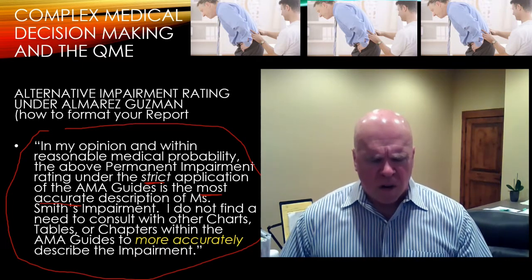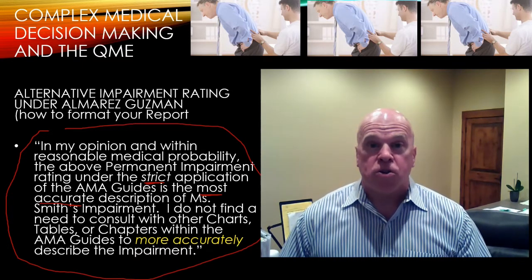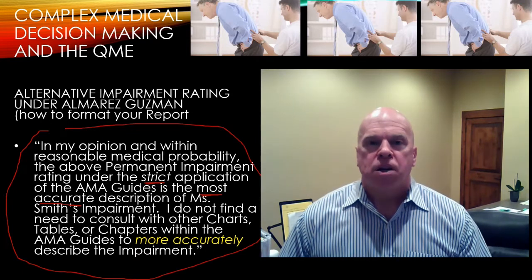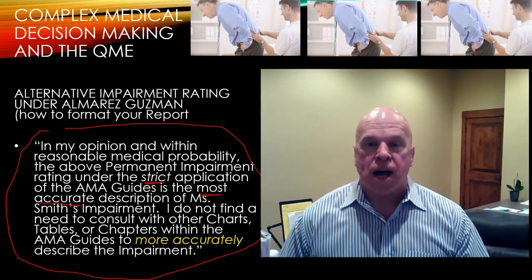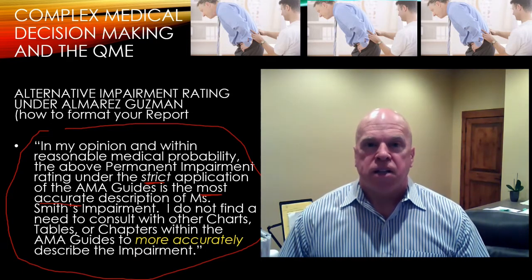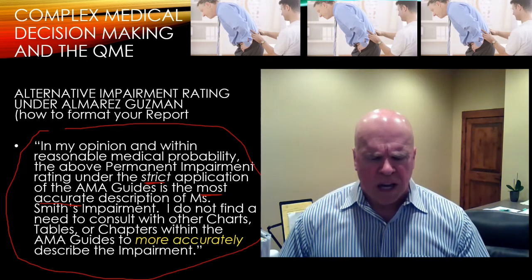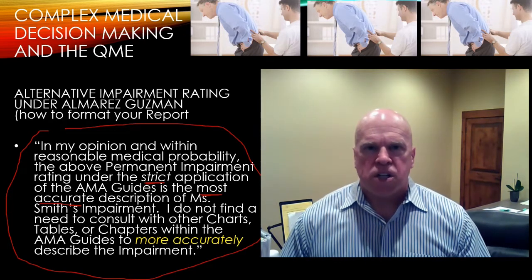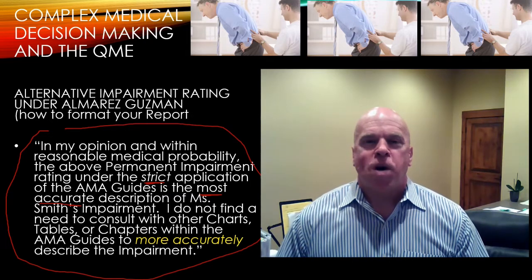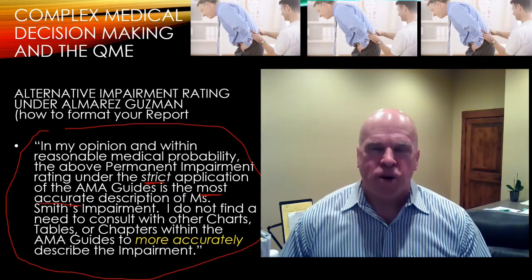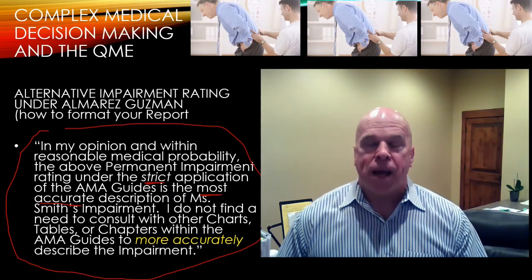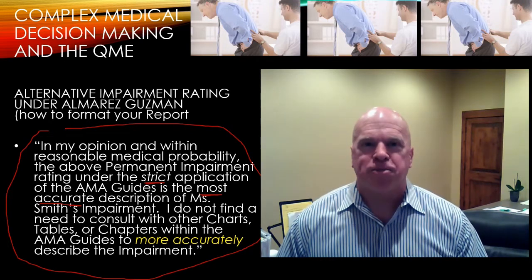And then let's talk about adding versus combining impairments, since that seems to be a particularly hot topic in this day and age. Okay, so let's begin with the Schweikert versus State of California case and talk about pain-related impairment.